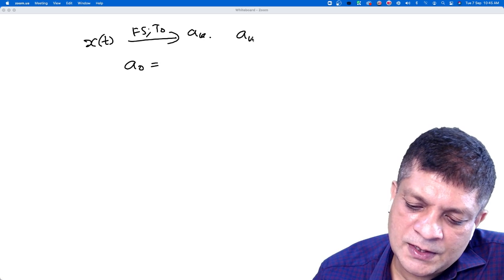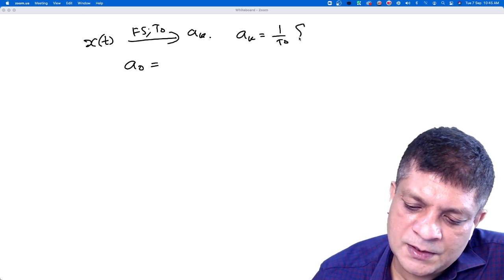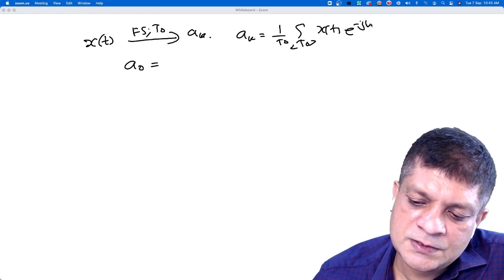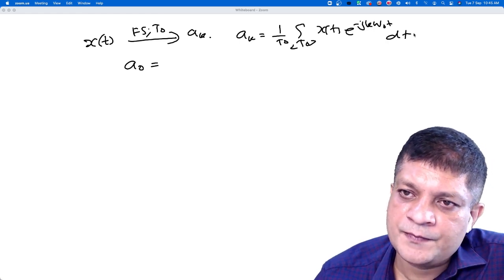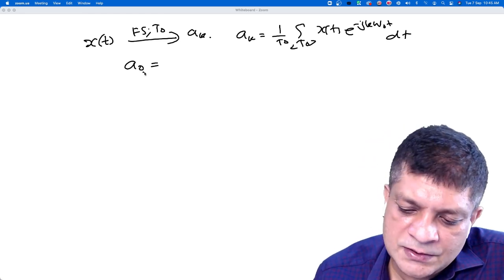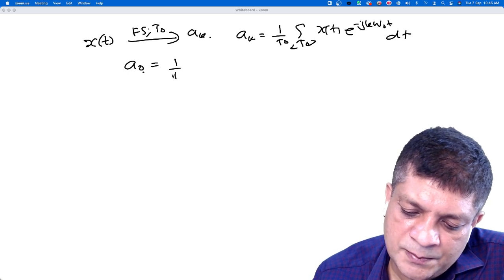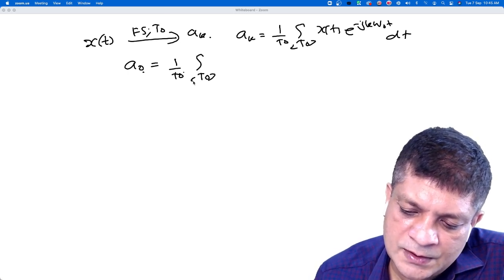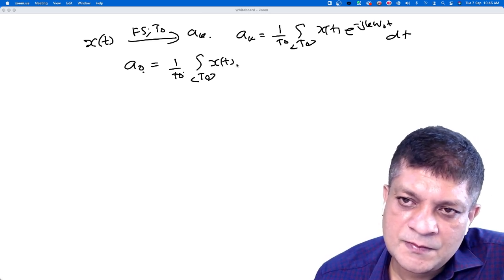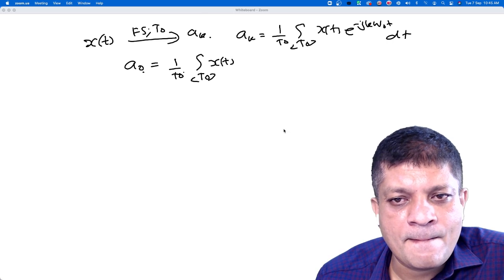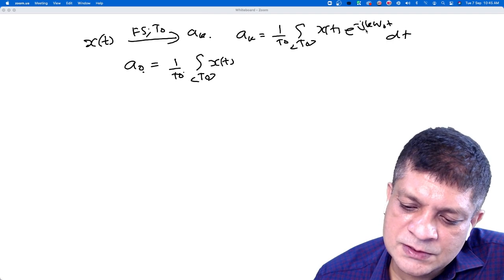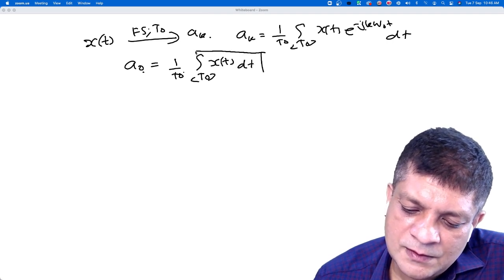Here we get a_k as 1 upon T naught, integration over T naught, x(t) e to the power minus j k omega naught t dt. That is the Fourier series analysis equation. What is a_0? Is it 1 upon T naught, integration over T naught of x(t) into what? When k is 0, is this 1?